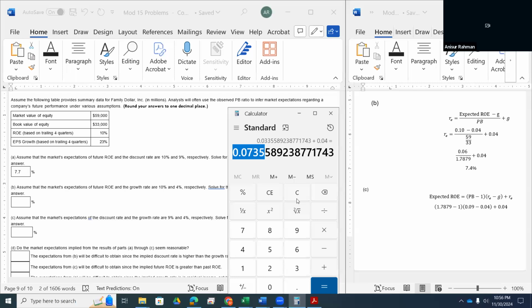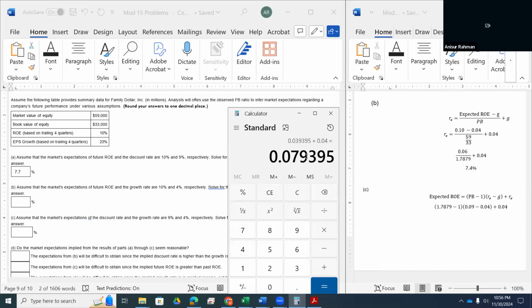So from this first subtraction, I will have 0.7879 multiplied by, from this subtraction, I will have 0.05 plus 0.04, 7.9.